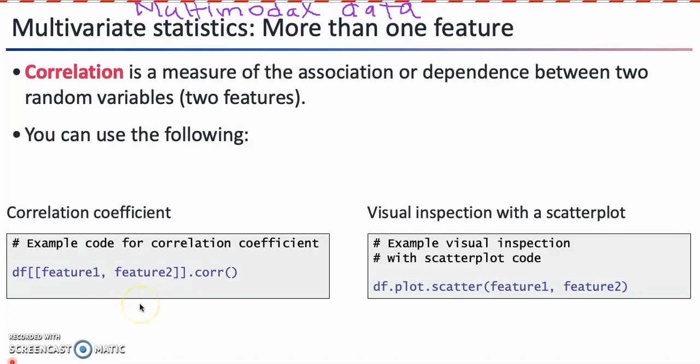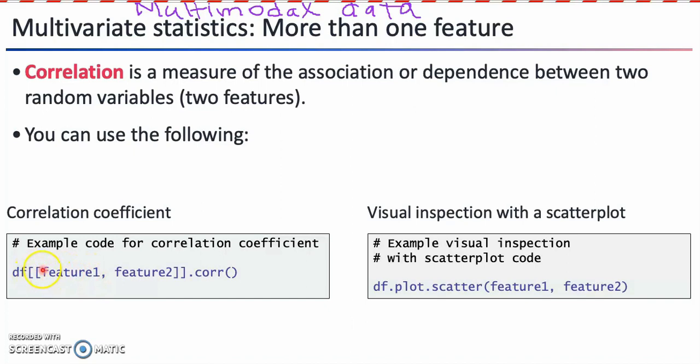So for the correlation coefficient, what you see here on the left side, it's very important to remember, we're still assuming that df is the name of the variable stored in the data frame. And just as far as syntax, very important to remember here that we're considering 2 features at a time, but you're specifying the names of those columns.